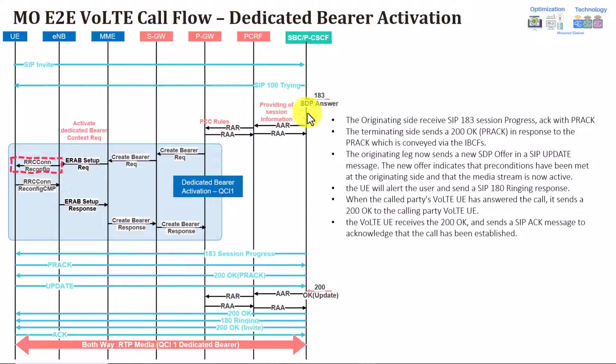Once it has informed the PCRF, it will forward this 200 OK to this particular user, and directly the terminating side will send 180 ringing, telling him now I'll start ringing, and after it will send 200 OK invite. 200 OK invite means that he already picked up the call, he answered the call. And once he answers the call, he will wait for a response from the UE, which is the acknowledgement for the 200 OK. And now this means the flow is established between both sides, which means QCI1 is established.